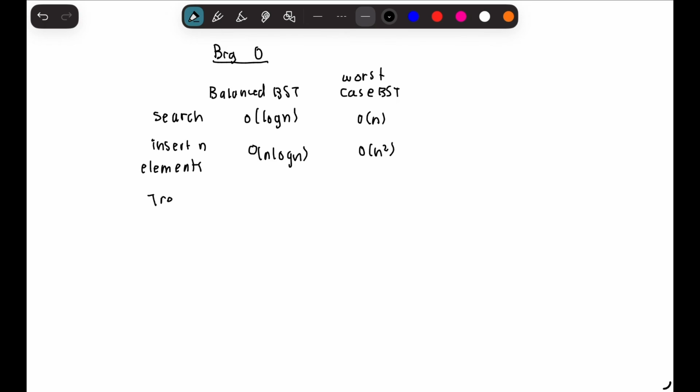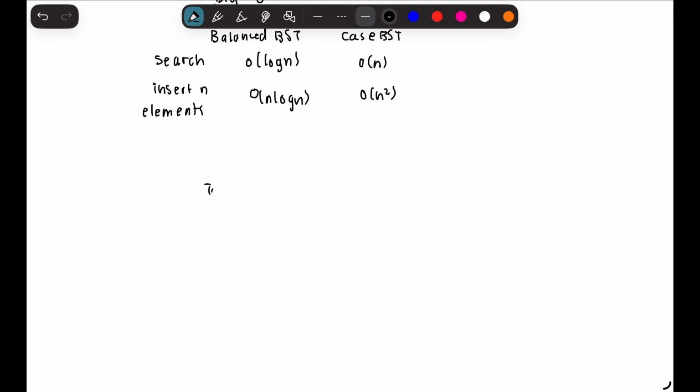And your tree traversals are always going to be O(n) because each node is visited once.